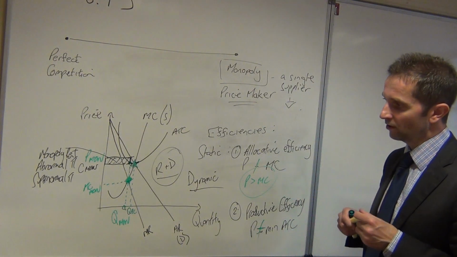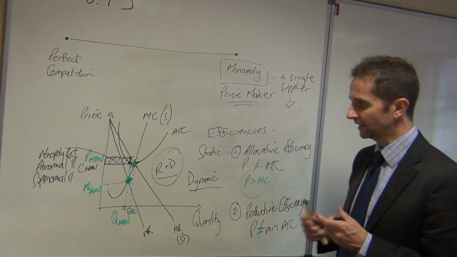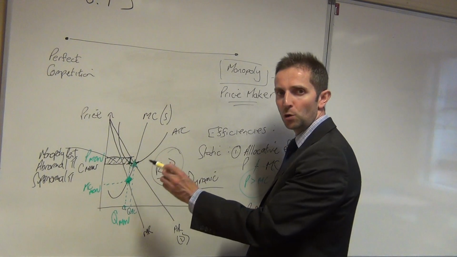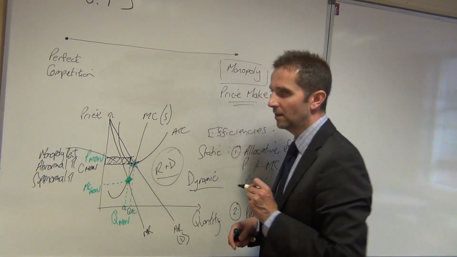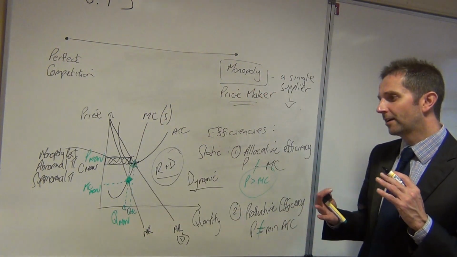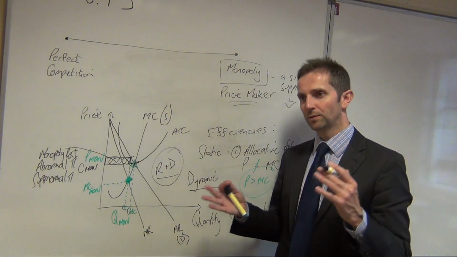And there's also the argument that because the monopolist is producing to the left-hand side of this minimum point on the ATC curve, that is an indicator that there are economies of scale to be exploited.